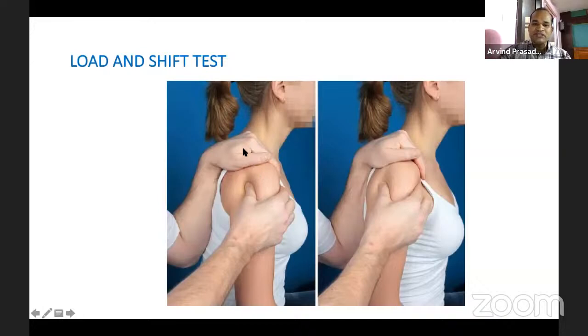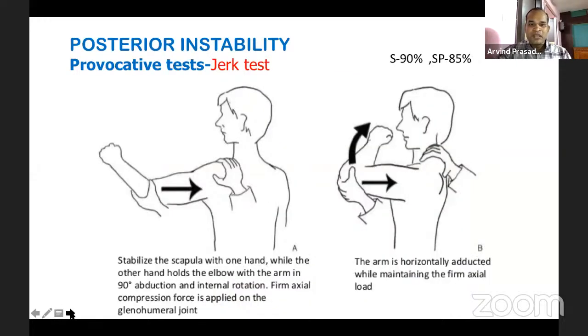Stabilize the scapula with one hand and hold the humeral head with the other hand, and do the anterior translation as well as the posterior translation. If anterior translation is more than 30% of the diameter of the humeral head, or the posterior translation is more than 50% of the humeral head, then this test is positive. It means there is laxity of the capsule of the shoulder joint.